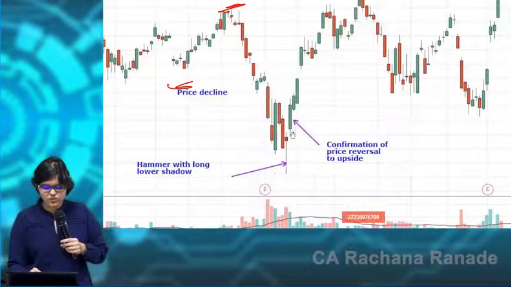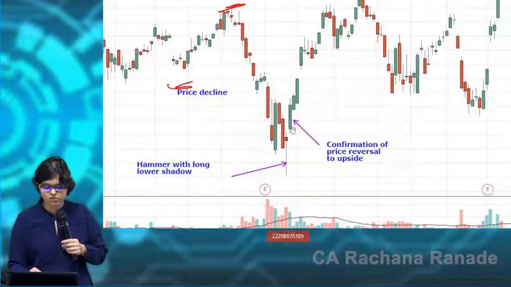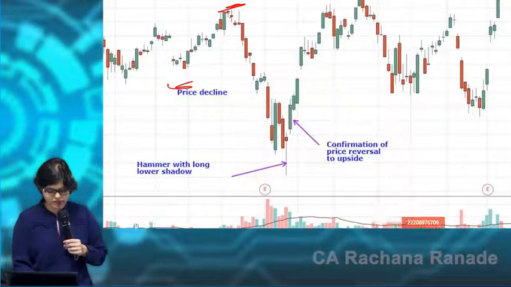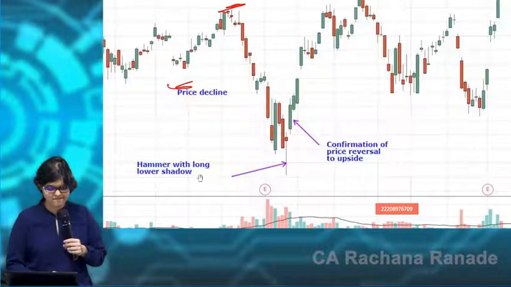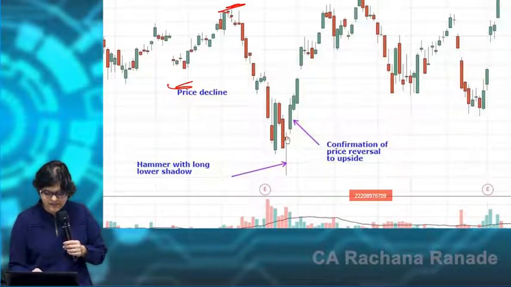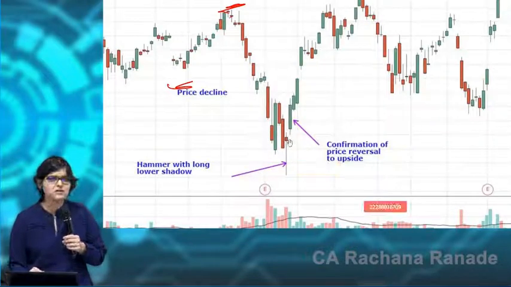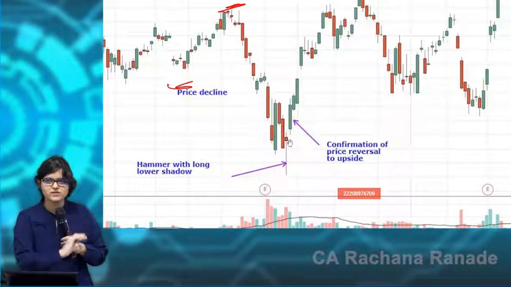What is the next one? A big bullish candle. Can you see one more pattern? If I don't consider this as a hammer and if I say this is a little bit like doji, is this also like a morning star?